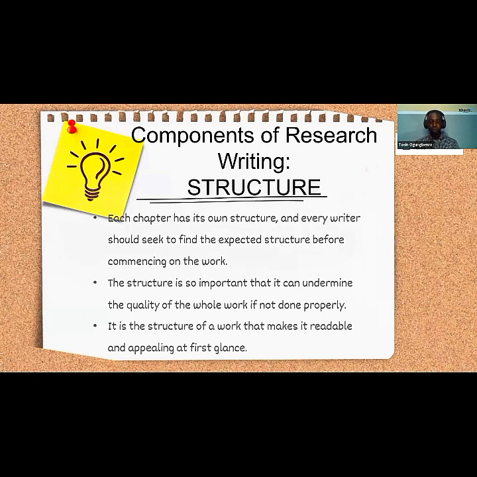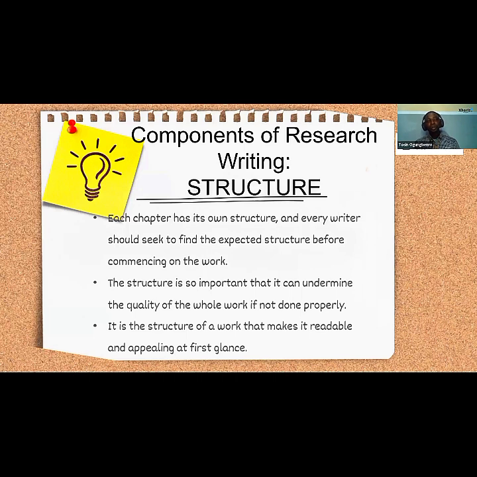So it is your structure that enhances readability. It is what enhances the appeal of your work. For instance, when clients reach out to me to check their work, maybe somebody else wrote it and they want me to go through it before they submit, the first way I know if that person knows what they are doing is the structure of the work.